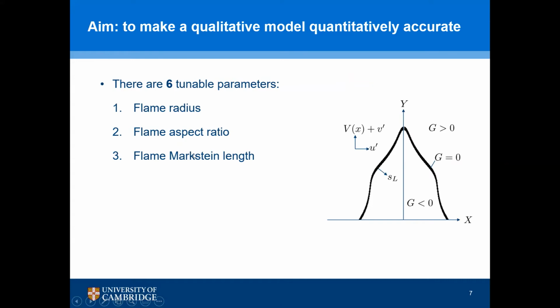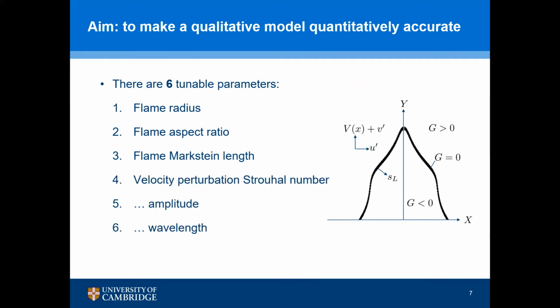These 3 parameters are valid both in the steady state or unperturbed setting, as well as the perturbed setting. And the next 3 parameters are the velocity perturbation Strouhal number, amplitude, and wavelength, where the Strouhal number is the non-dimensional frequency. And these are of the velocity perturbations.